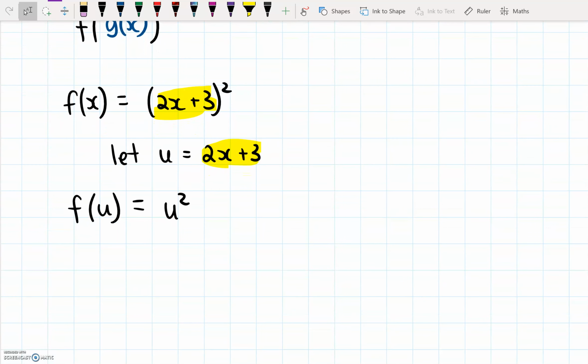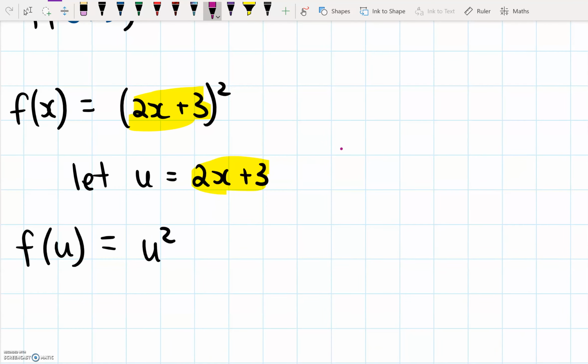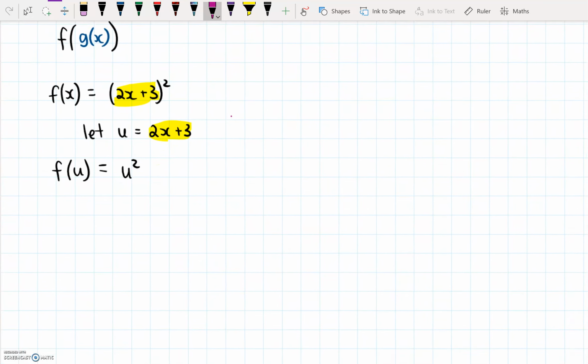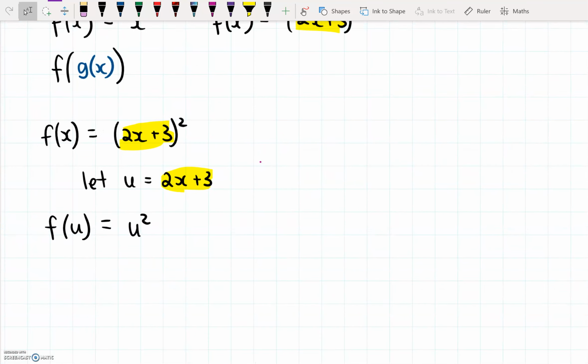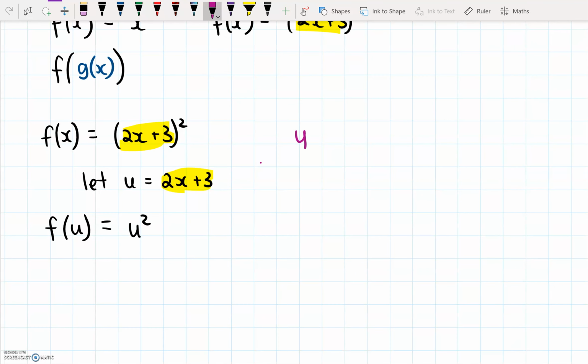Now, we need to differentiate this. What I'm going to do though is, as I said, use the different notation. So let's just write over here to show you how this works. Originally we had y equals (2x + 3) squared.